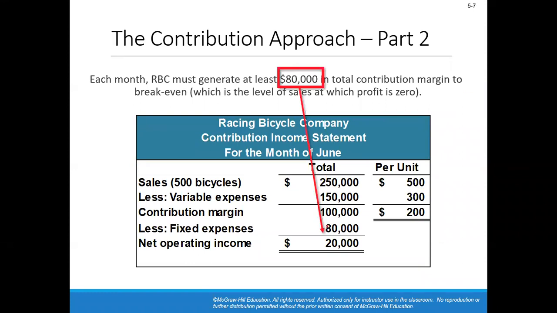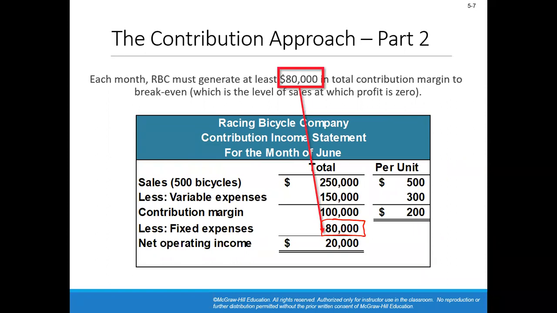Now, what is my fixed expenses? The fixed expenses of the racing bicycle company is 80,000.